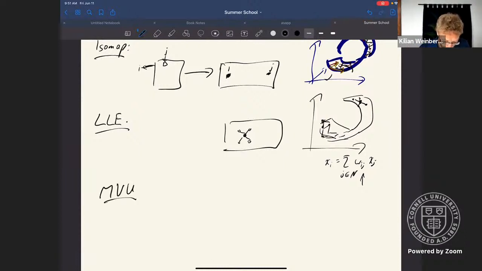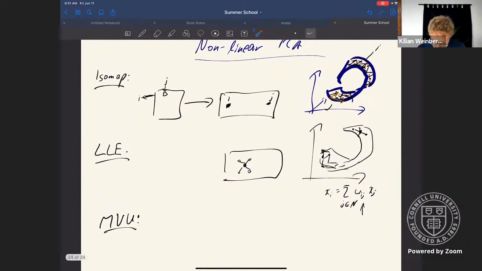Just because it's me, I'll tell you my algorithm, maximum variance unfolding. The algorithm I came up with was the following. We take these data points, we build a nearest neighbor graph, and then we try to maximize the variance. Imagine a sheet of paper with a bunch of points drawn on it.